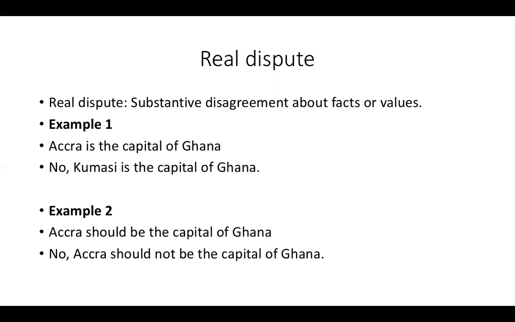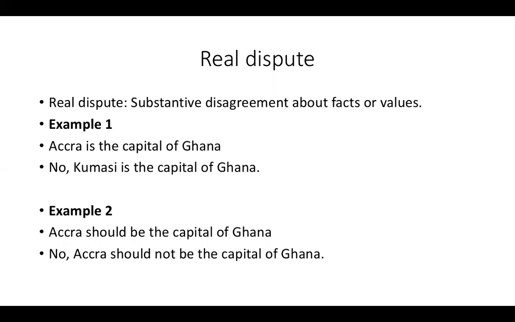And you can also imagine when Kwame Nkrumah and the Big Six were negotiating independence, and during the negotiations there were arguments about where to site the capital of the country. Maybe somebody says Accra should be the capital of Ghana, and another person says no, Accra should not be the capital of Ghana.